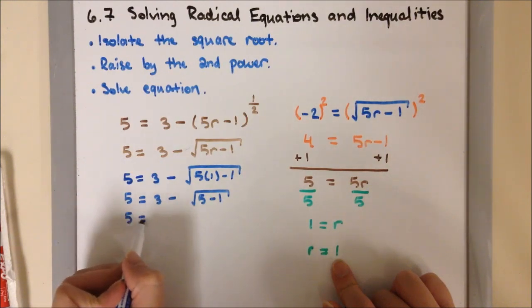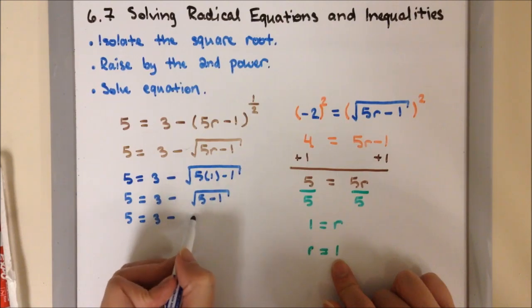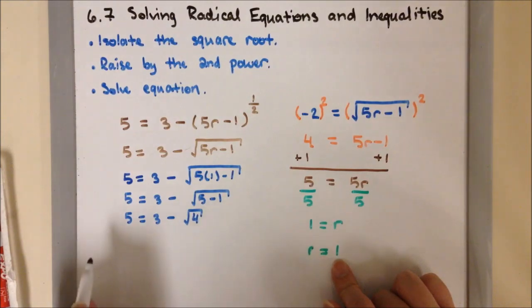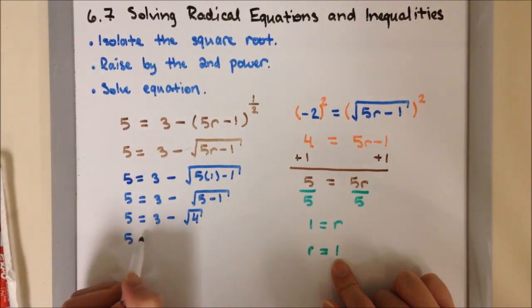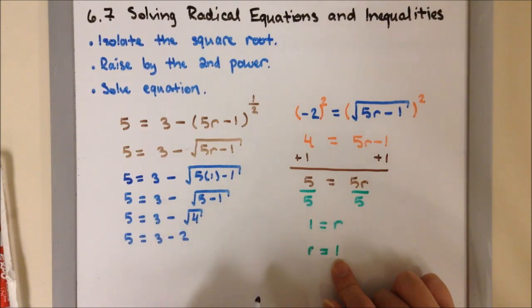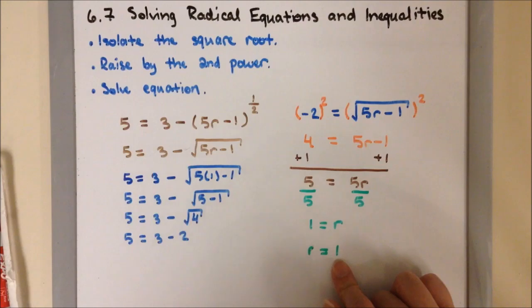So 5 equals 3 minus, inside the square root, 5 minus 1 is just 4. And then the square root of 4 would be 2, so 5 equals 3 minus 2. So we simplified the square root, which became 2.